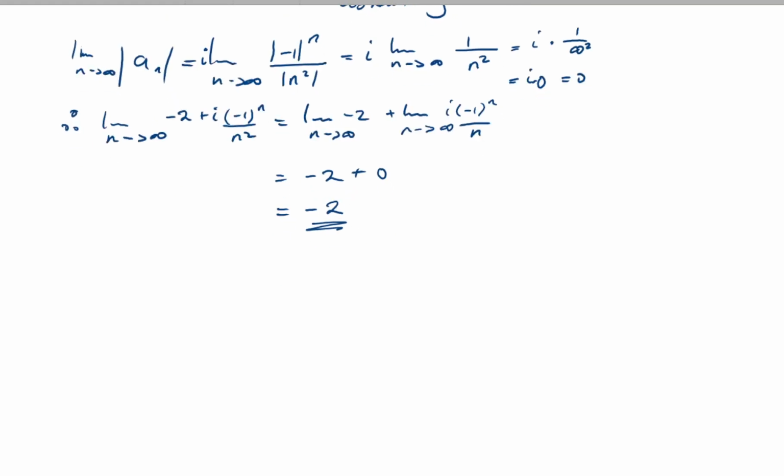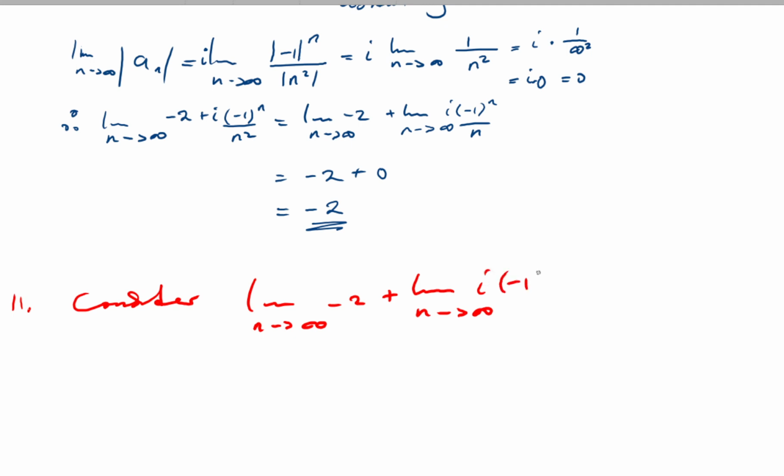The second condition, which is condition number 2, again we're going to consider the limit as n approaches infinity of -2 plus the limit as n approaches infinity of i times (-1)^n over n squared. So again, we know that the limit as n approaches infinity of -2 will simply be equal to -2.